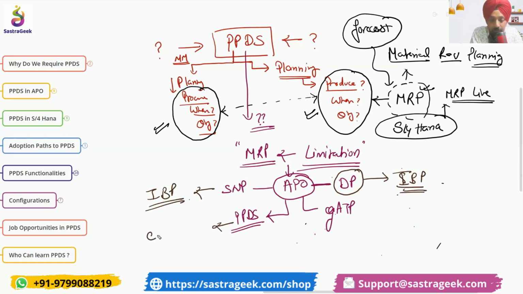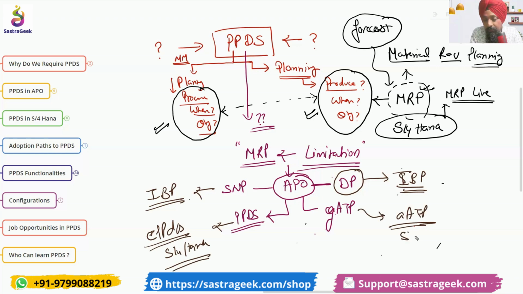PPDS they use as ePPDS, embedded in S4HANA. Similarly, GATP they have shifted to AATP, which is embedded in S4HANA. So these two products, PPDS and GATP in the form of AATP, are now embedded in S4HANA, right?